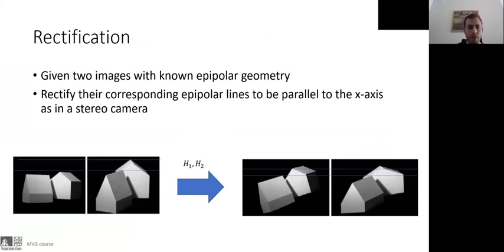So the idea of the rectification phase is to use homographies to change the images such that they are rectified, which means that, as you see here, lines that are parallel to the x-axis are not epipolar lines. They're not matching pixels, but in this case, they are. The rectification process is to make images rectified even though they are not.